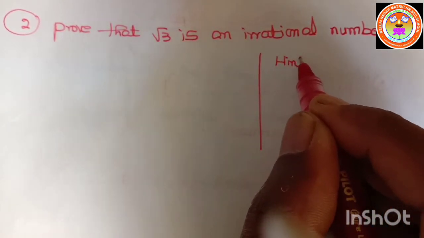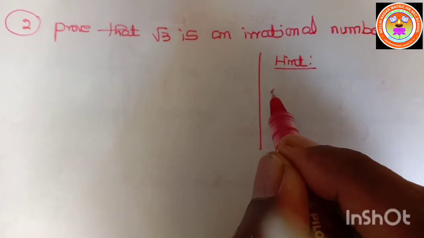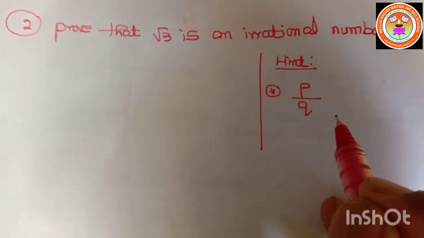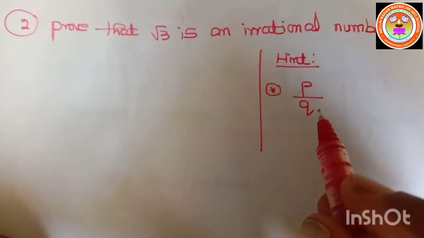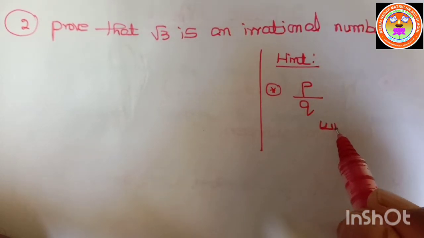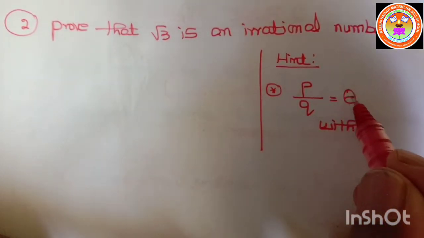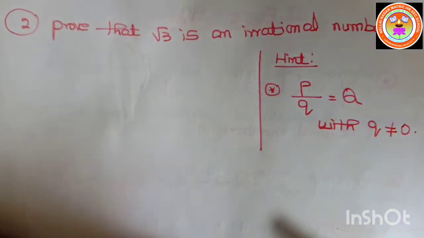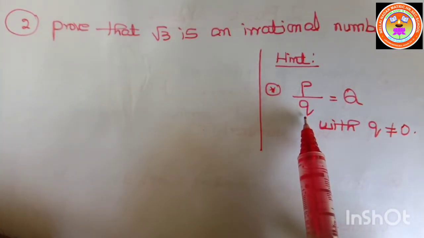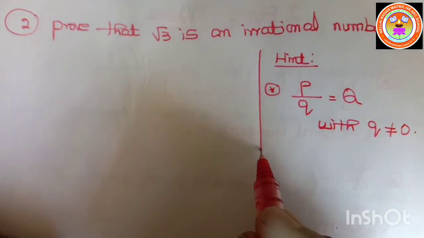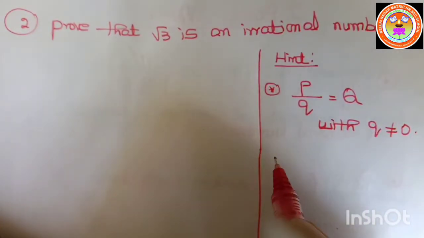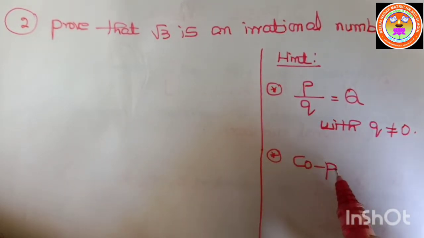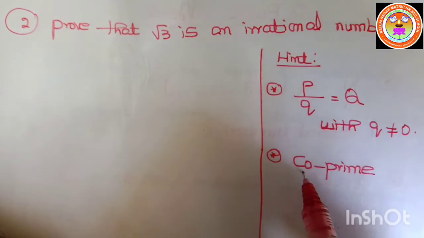Hint number 1. P by q is a rational number with q not equal to 0. Hint number 2. Co-prime. What is the meaning of co-prime?